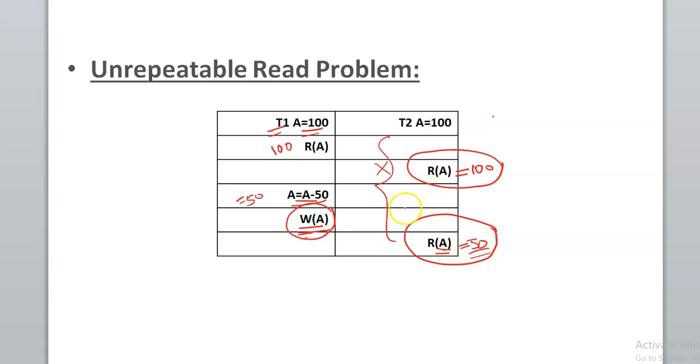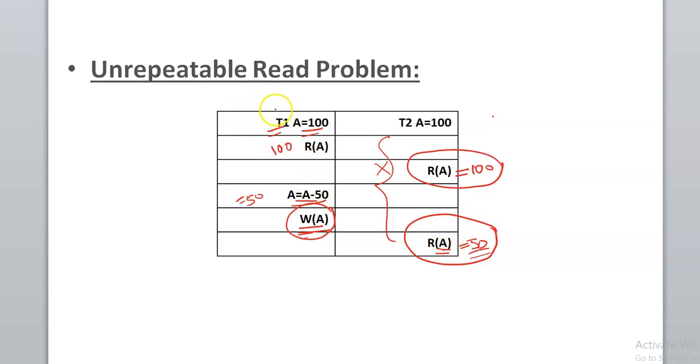Now it makes us wonder what could be the possible cause of this unrepeatable read problem. If you have watched my previous video on ACID properties, you will remember the isolation property, which says one transaction should not affect another transaction. So clearly, the unrepeatable read is a violation of the isolation property, isn't it?